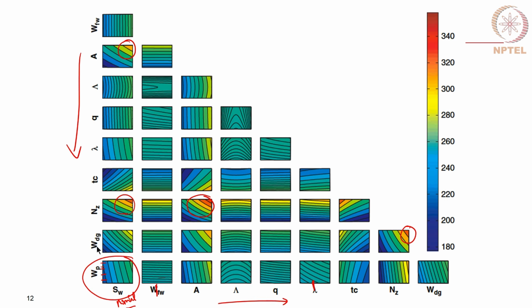Same. If I change this, how much is it varying? Same. It is varying by an order of 10 or 20, that is all. Meaning, if I fix this one and look at it from the other side, if I do SW, then this is what is for FW. So, you can keep doing that.